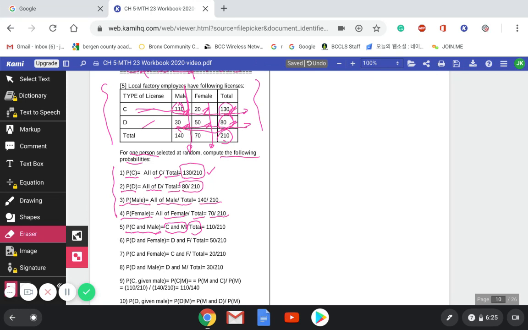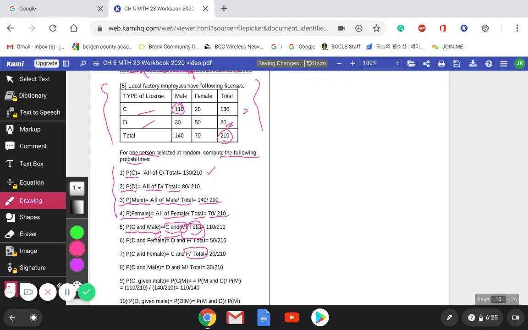Now, the second one is: what if you find out who has a D driver license and is female? D with female would be 50. That's the common.